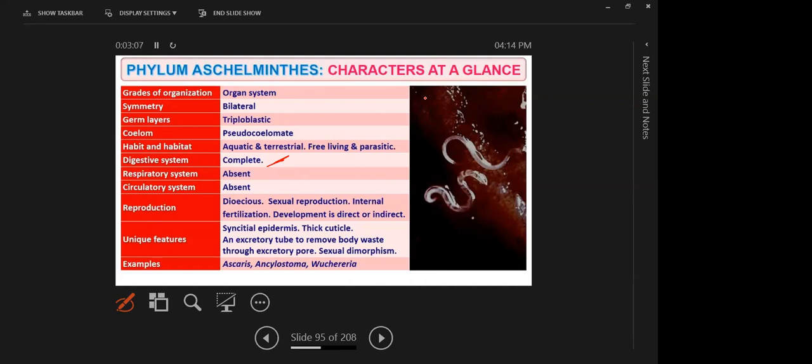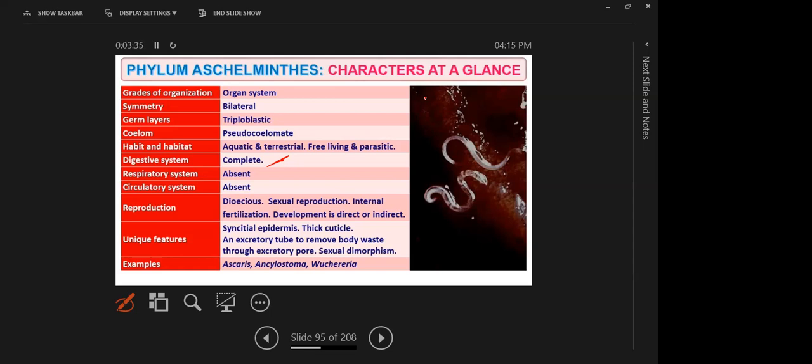Its reproduction is through internal fertilization and sexual reproduction. Its unique features are a thick cuticle, an excretory tube to remove body waste through the excretory pore, and sexual dimorphism. Sexual dimorphism means what?